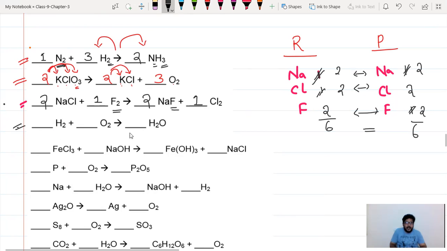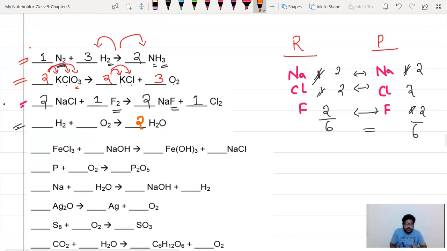How many hydrogens? 2. How many hydrogens? 2. Reactant side 2, product side 2, done. While coming to oxygens, reactant side we have 2, product side we have only 1. Substitute 2 here. If you substitute 2, 2 is given to oxygen, and on this side the 2 oxygens got balanced, but 2 is substituted, I mean given, to hydrogen also.